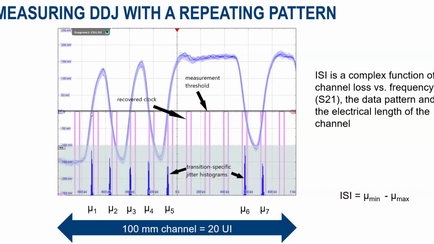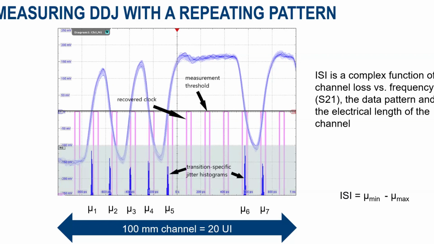And so what you're going to see for each crossing point in this pattern is a distribution of timing errors around some mean value. And the mean value is different, obviously, for each crossing point in the pattern, and it very much depends on the channel characteristics and the data that's being transmitted through the channel, or the pattern.